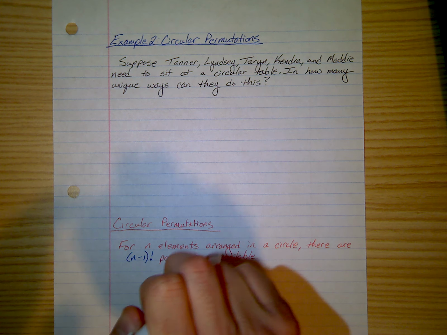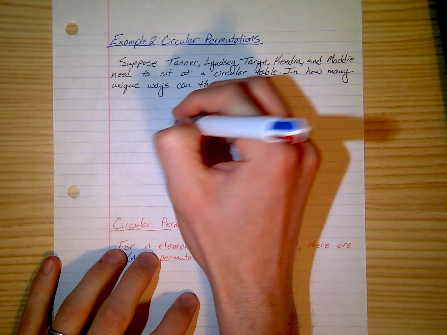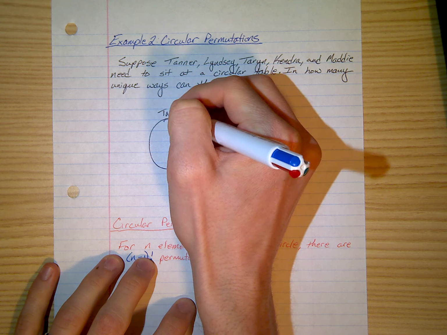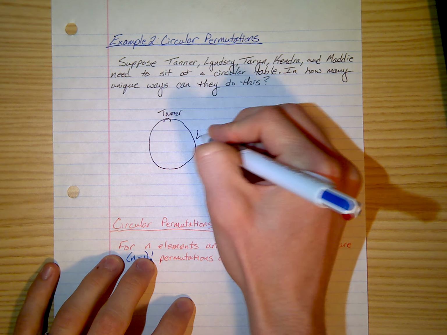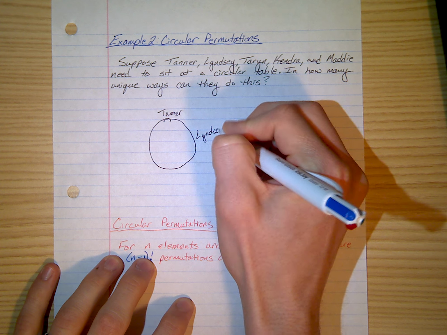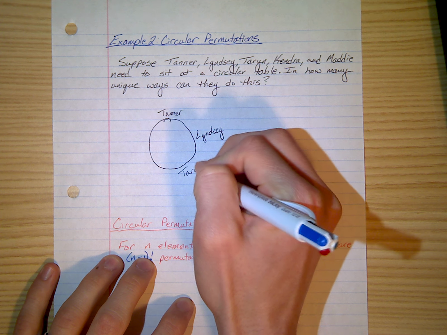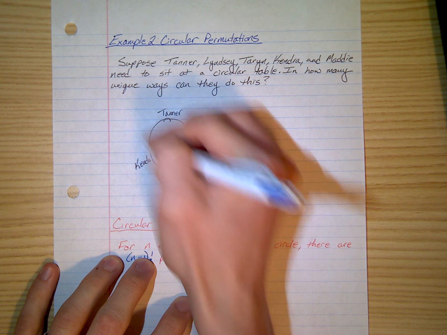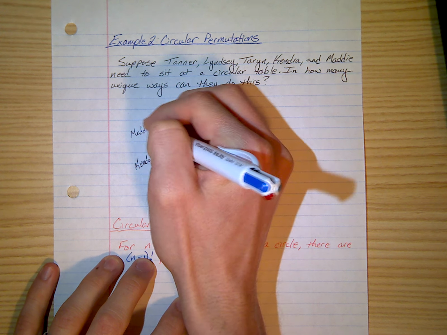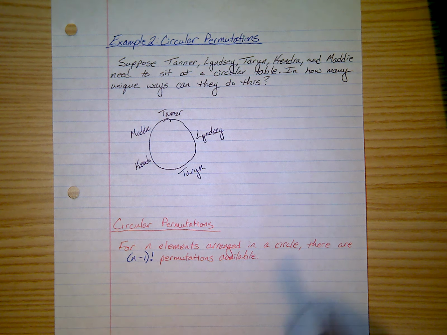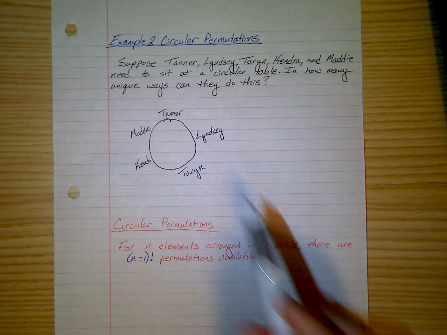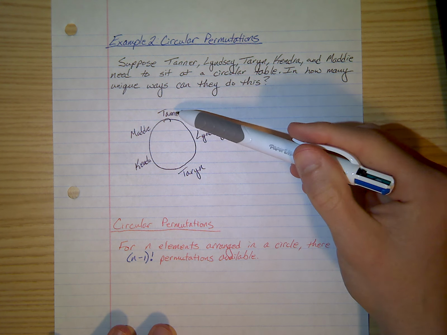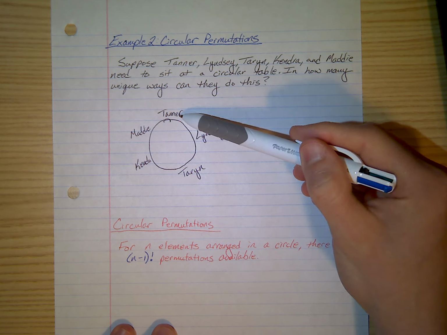So, pardon my lovely drawing here, but let's say we have a lovely circular table where Tanner sits here, Lindsay sits here, Taryn sits here, Kendra is here, and Maddie is here. Okay, the reason why this is a little different is because if it's a circular table, it doesn't matter where Tanner sits.